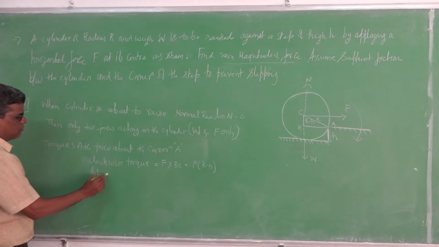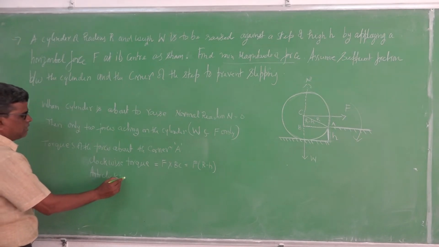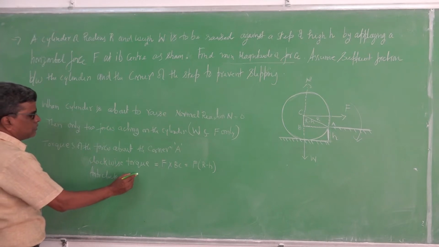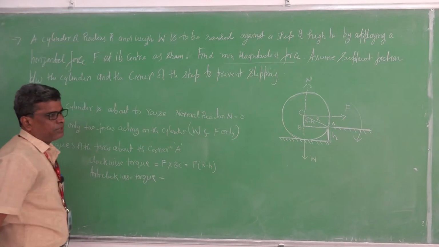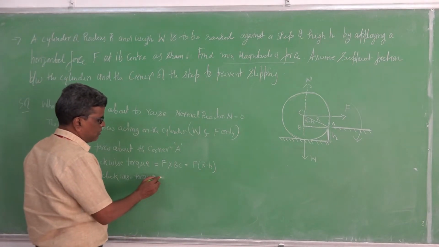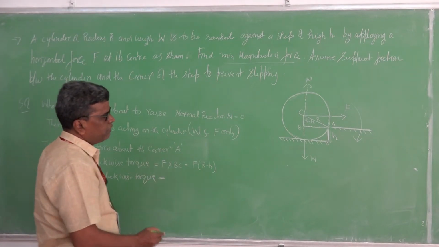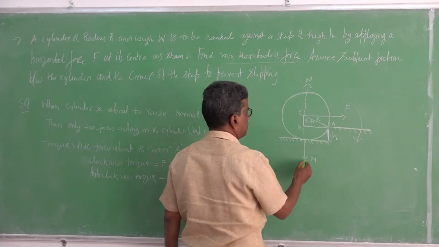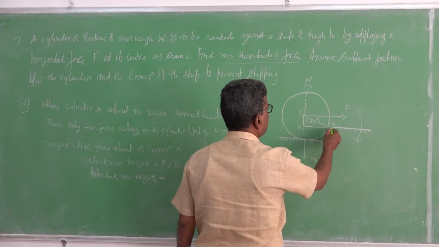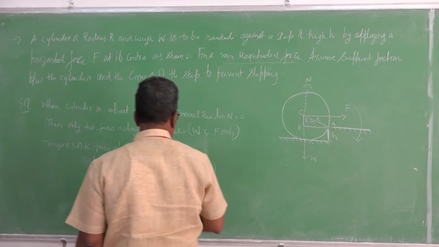Now the anticlockwise torque. Torque produces rotatory motion of the object. That is W into AB.